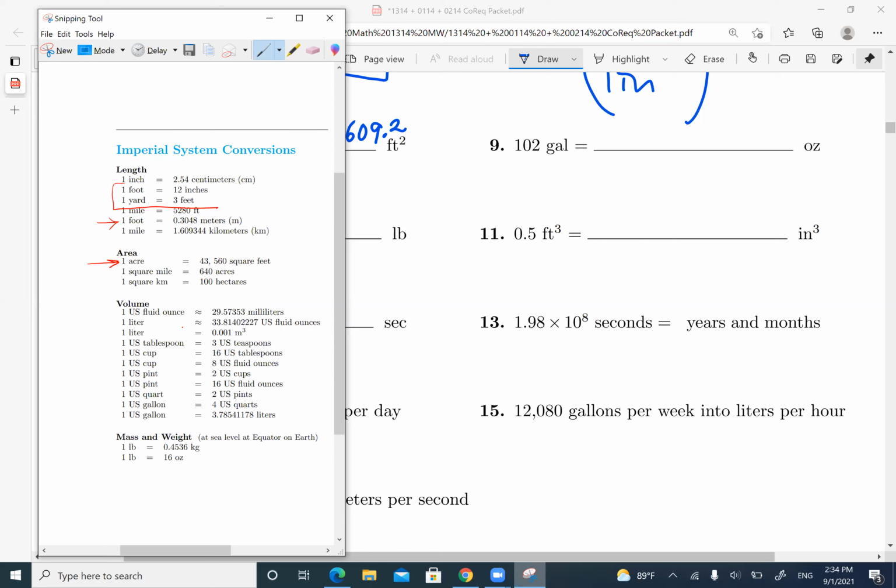So gallon, you have to go from gallon to what? You can go from gallons to liters and to fluid ounces. Gallon to liters, and then liter to fluid ounces. There you go. That's right. Good job.